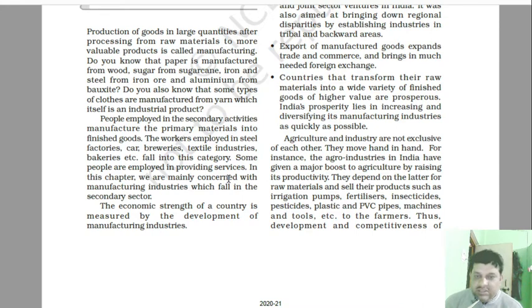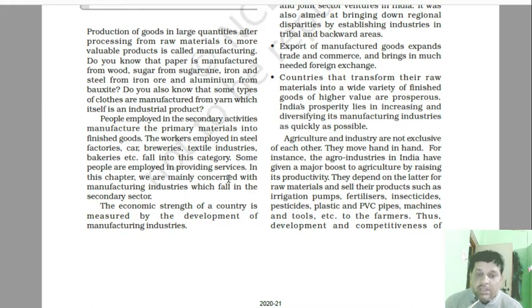For instance, the agro-based industry in India has given a major boost to agriculture by raising its production. The agro-based industry has helped Indian agriculture to become modernized and make production higher.